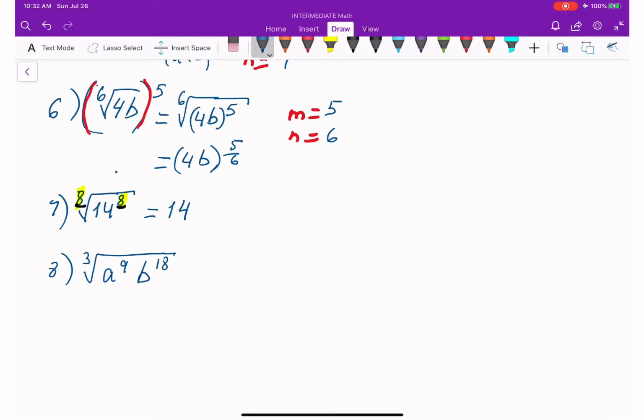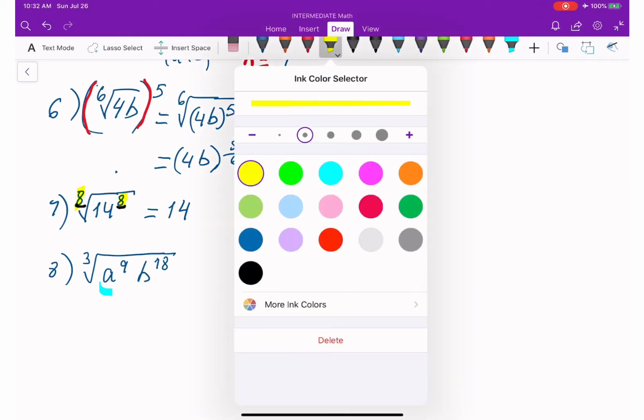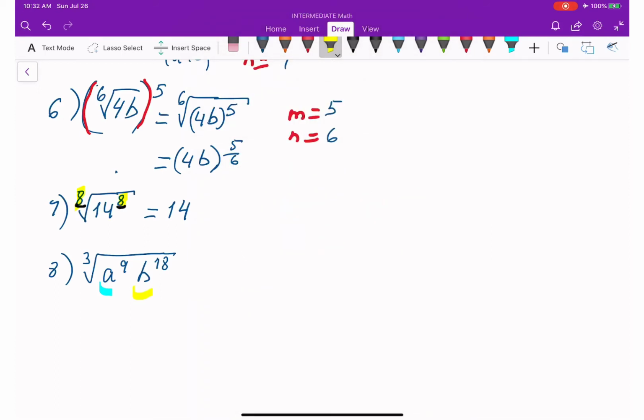Since we have here two different variables, a and b, I'm saying different and using different colors. Two different ones, and they have nothing to do with each other. Therefore, I'm not mixing their degrees.